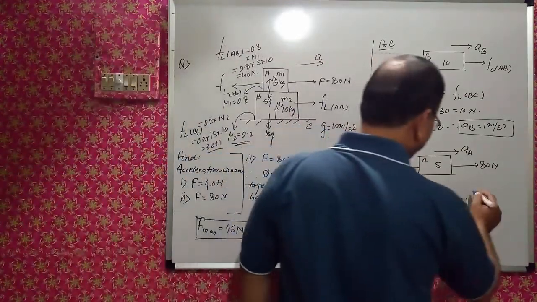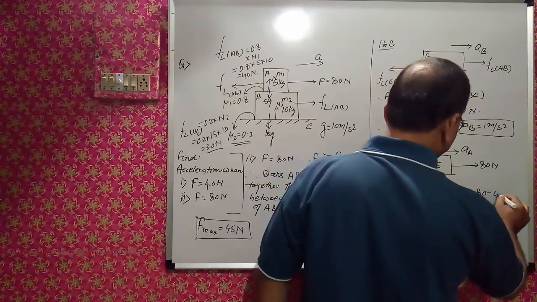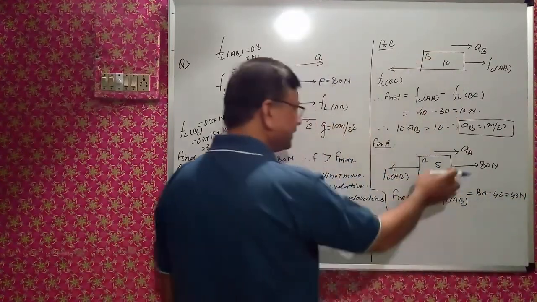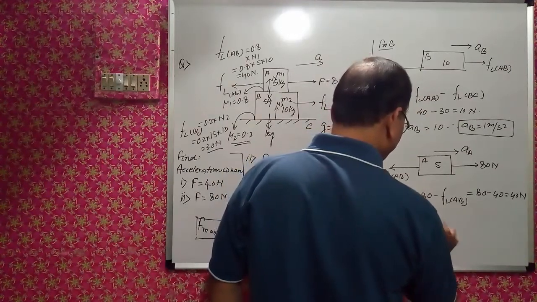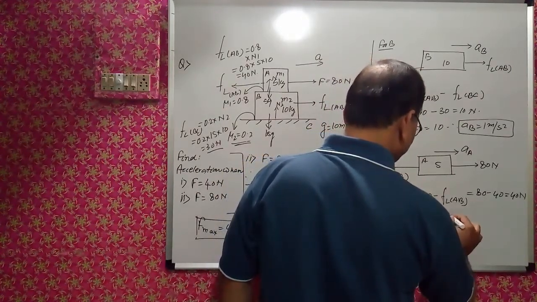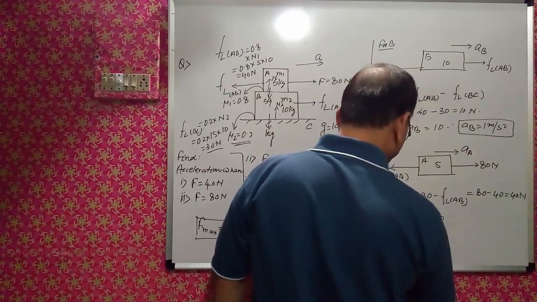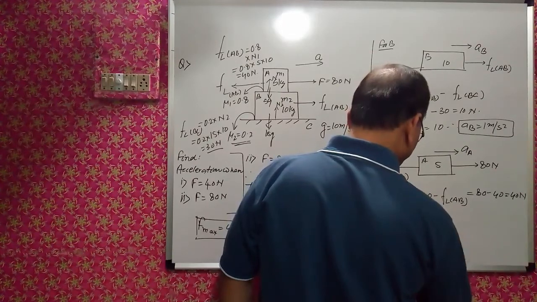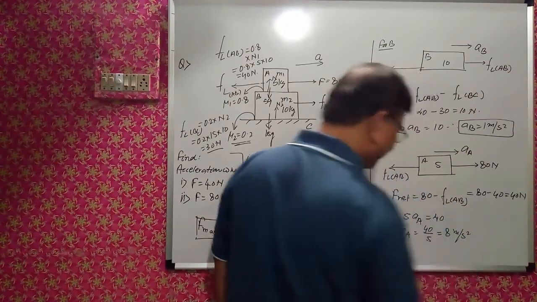So FLAB is how much? That is 40. So 80 minus 40, that is 40 Newton. And this F net will create the acceleration in this. Therefore, 5AA is equal to 40 Newton. Therefore, AA is equal to 40 by 5, that is equal to 8 meters per second square.